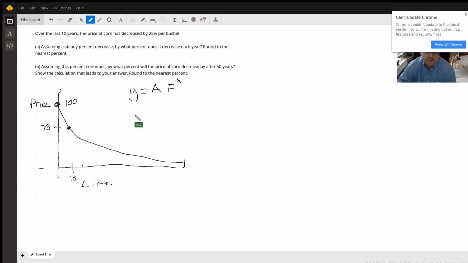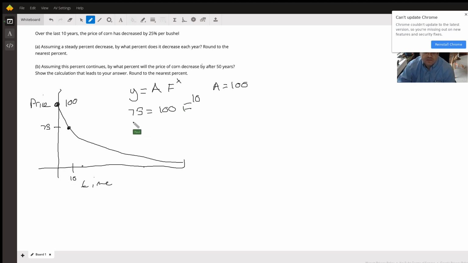Okay, and now the initial value is going to be 100 because we've chosen that. So we're going to have that is equal to 100, and then they've given us this point. So we know that when x equals 10, we are going to have $75 here, and we have our growth factor, which is what we're trying to find, and then 10.